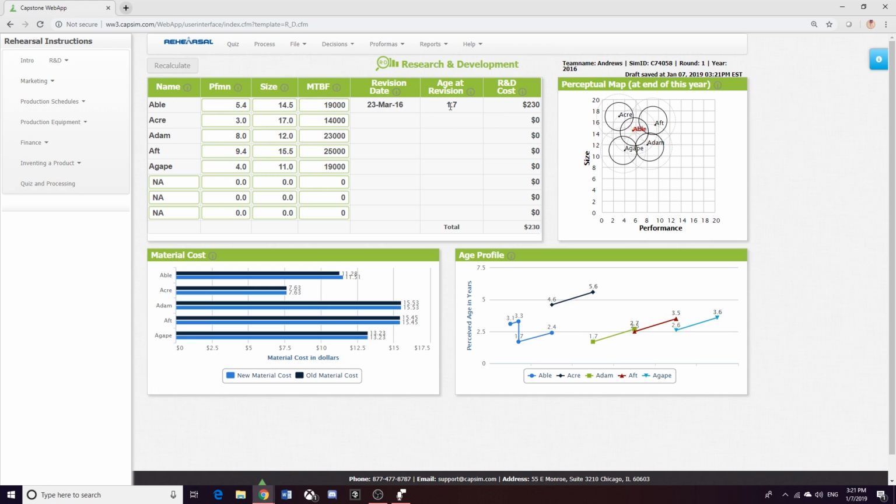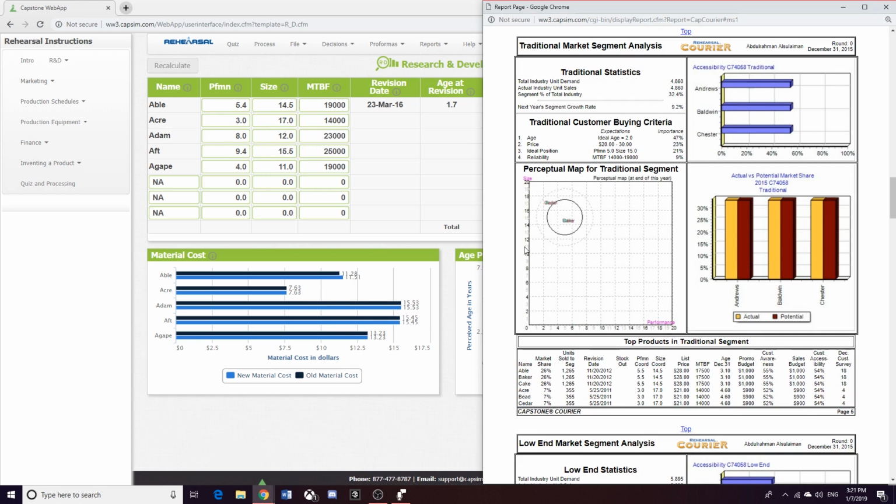It's gonna decrease the age of the product, which is a good thing. Decreasing the age is a good thing because we want the age of the traditional segment to be around 2. So it's a good thing to decrease the age for the traditional segment.